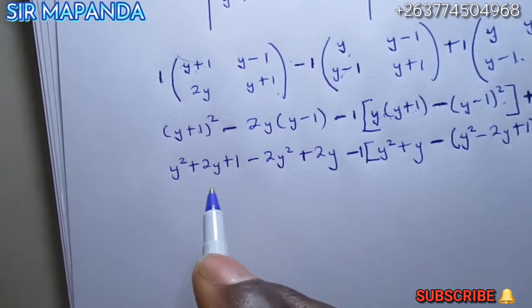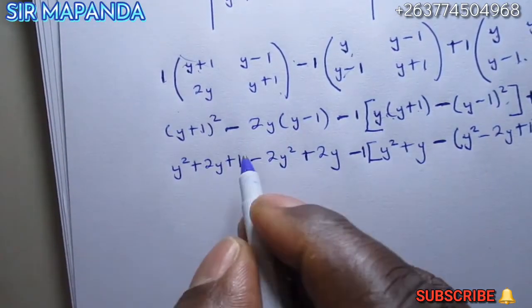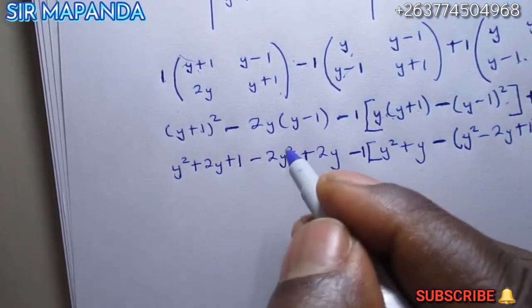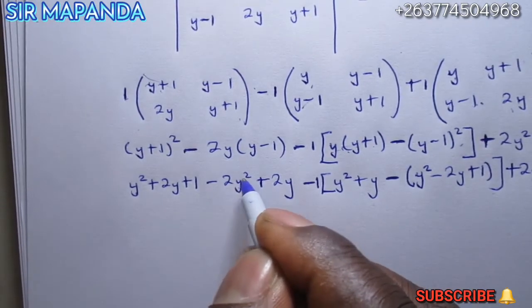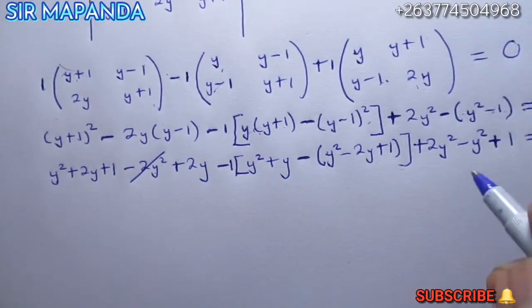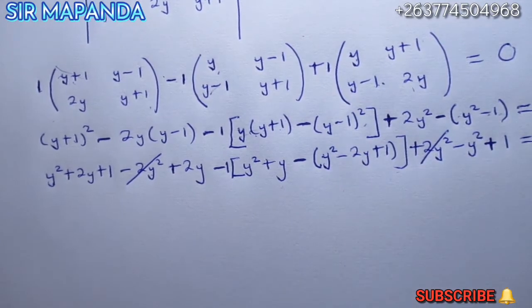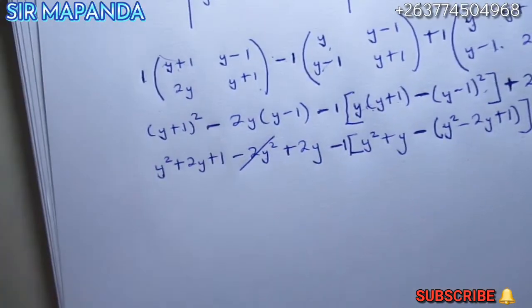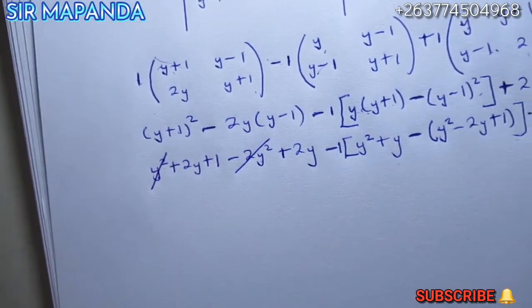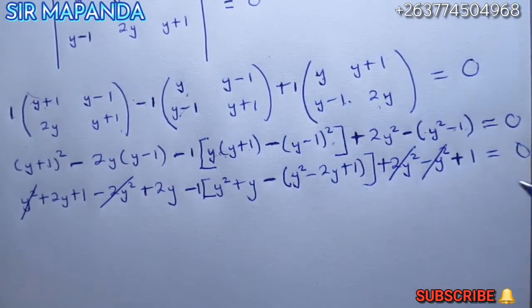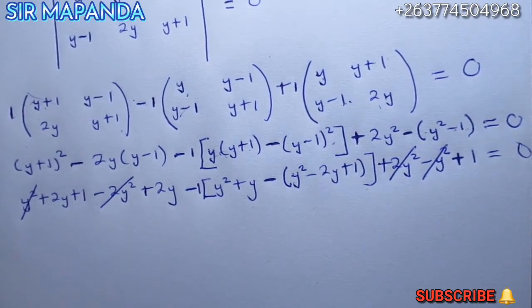Right. So y squared, all right, minus 2y squared here is going to cancel out with this 2y squared, since we have a negative 2y squared and a positive 2y squared. Same applies. y squared is going to cancel out with minus y squared. I hope you are following.